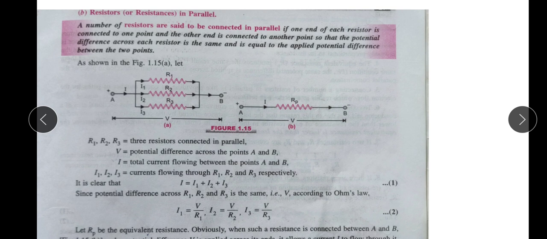In series connection, we connect these resistors in end-to-end connection. In parallel connection, if one end of each resistor is connected to one point and the other end is connected to another point, so that the potential difference across each resistor is same and is equal to the applied potential difference between 2 points.